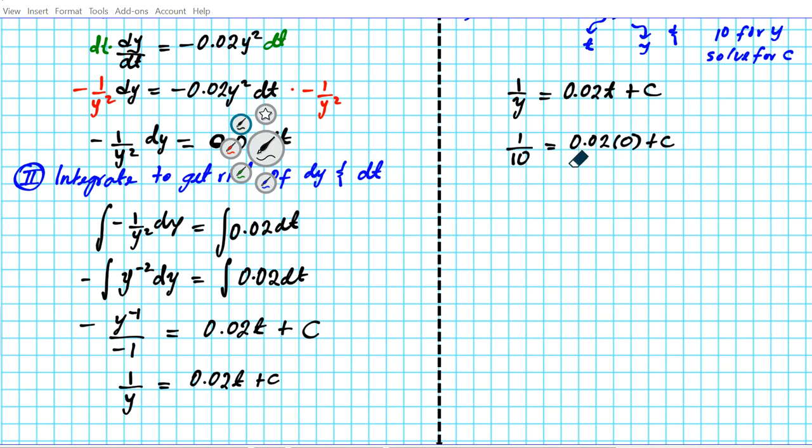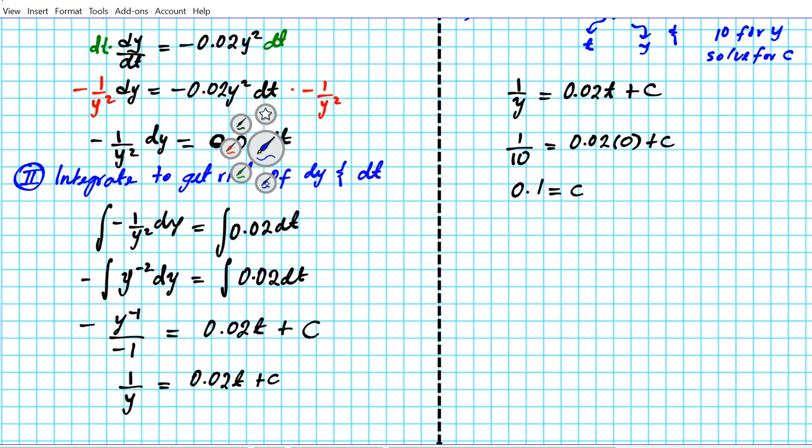All right, so there you have it. So let's go ahead and solve this for c. Oh, this is easy to solve. 1 over 10, let's write it as a decimal, okay? 0.1 is equal to c, so that's what c is. All right, so we found c. Now, what we're going to do is insert c and isolate y in the equation that c is inserted into. So that's the last one.